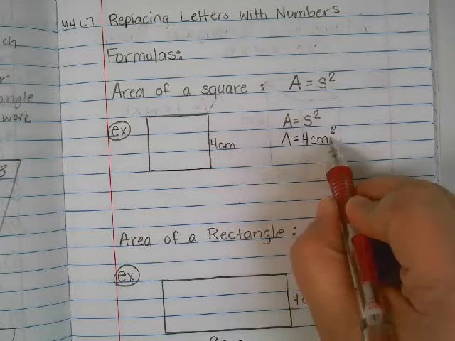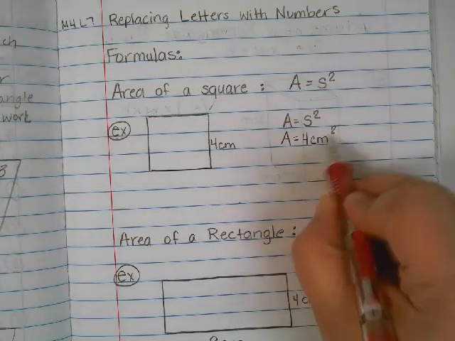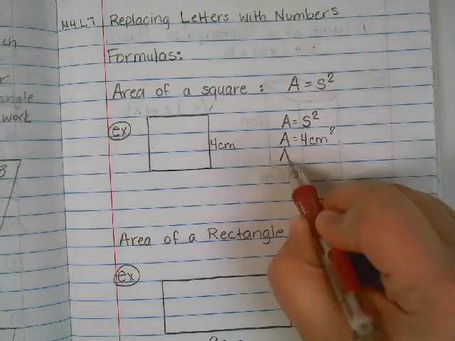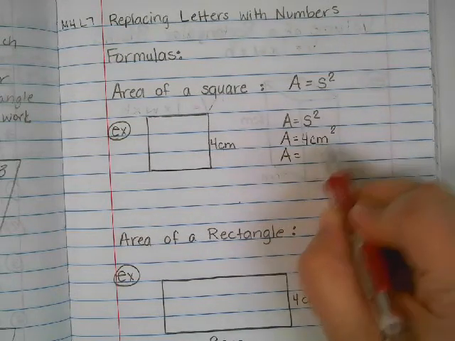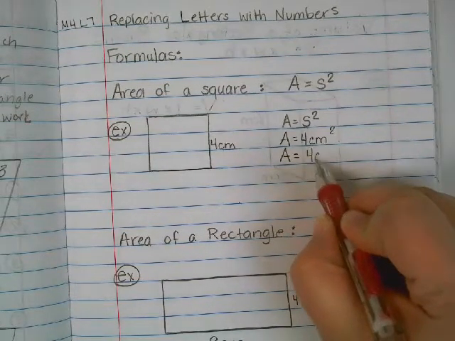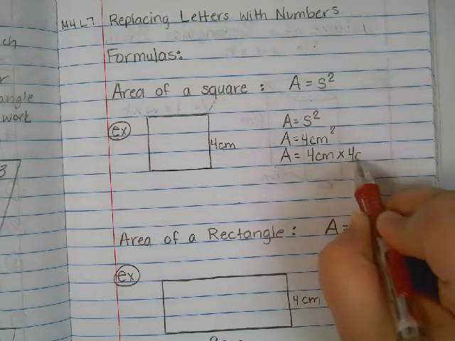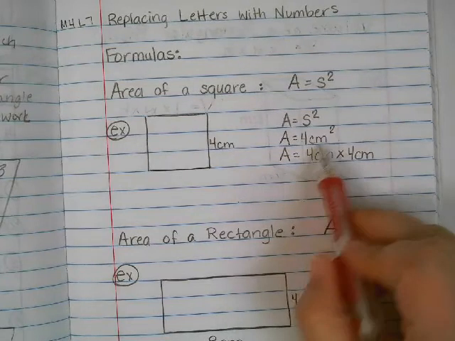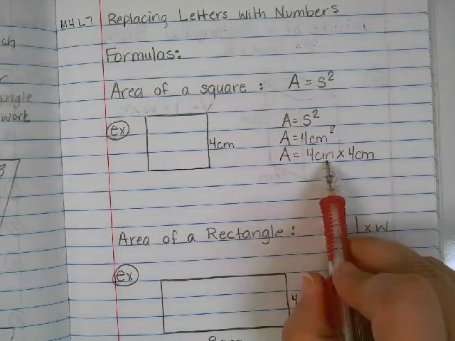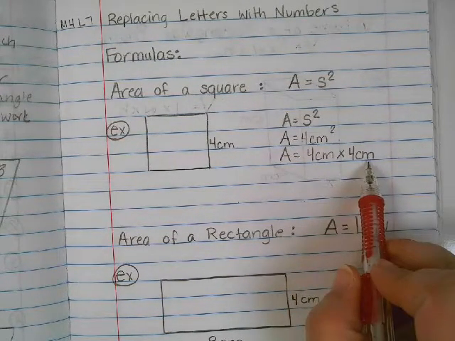Now what I have to do is write out what 4 centimeters squared looks like. Remember, when we square something, it means to multiply it by itself that many times. So 4 centimeters squared is the same as saying 4 centimeters times 4 centimeters.